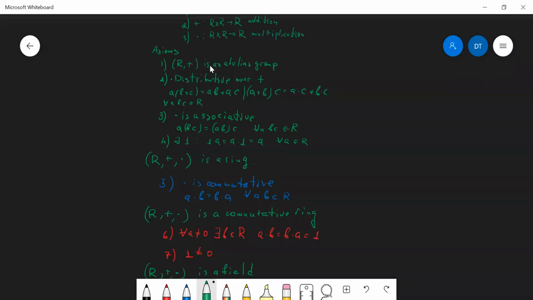If you want a more detailed definition, what does it mean that this thing is an abelian group? It means that you have 4 conditions. So there are just 4 conditions hidden here in the first line. If you wish, I can write them explicitly, but this is just a simpler way to give the definition.